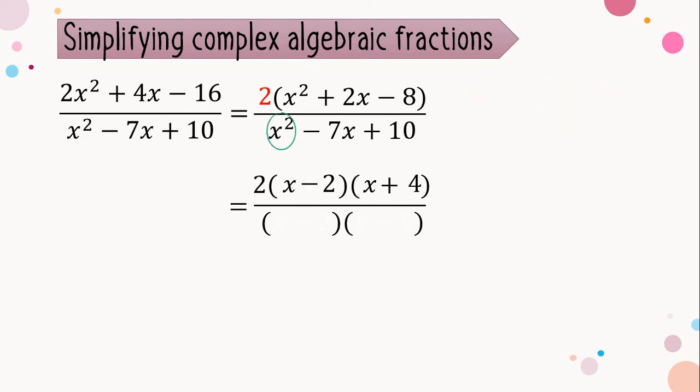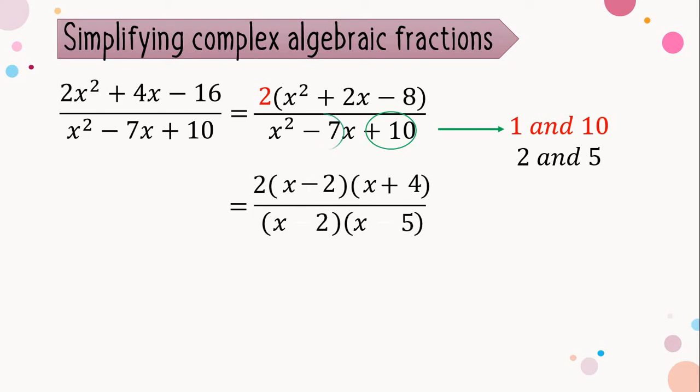Okay, next we will look at the denominator. The denominator is x squared, so it means x with x again, and then plus 10. Plus 10 can be formed from 1 and 10, or 2 and 5. So the numbers that can form 7 come from 2 and 5. So I will write 2 and 5. And then that is negative, so both of them must be negative. Okay, like this.